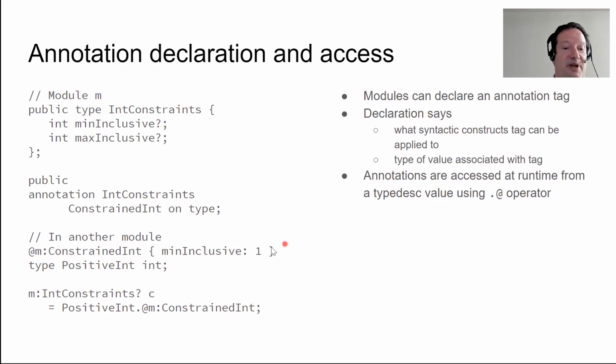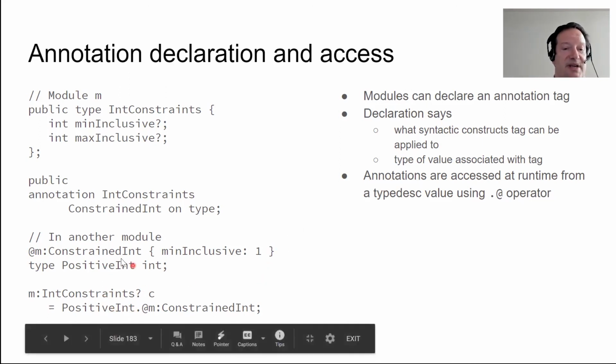When we have that, we can then access this using the .annotation operator. The way that works is we have positive in here. We get a type descriptor. So we define a type here, and we reference it in an expression to give us a typedesc value. We then use the .@ operator, which is kind of like a member access operator, but what goes after .@ is an annotation tag. So you've got this annotation tag here, and we're accessing it here.